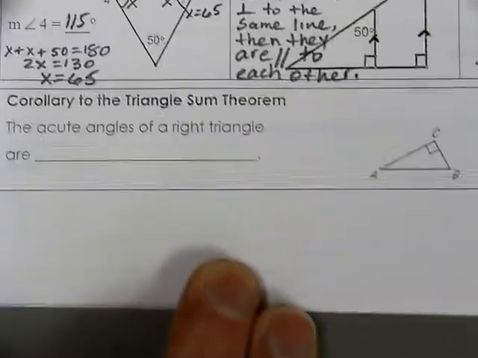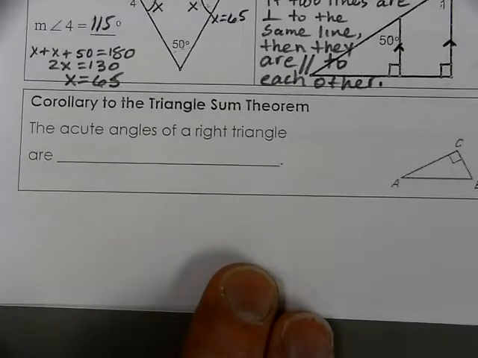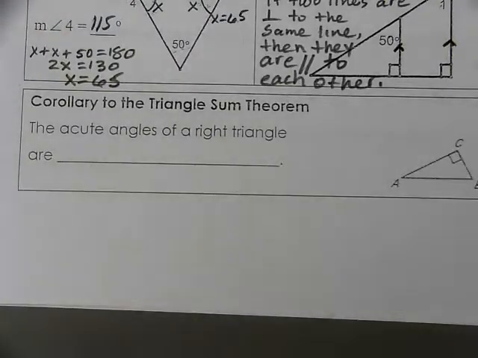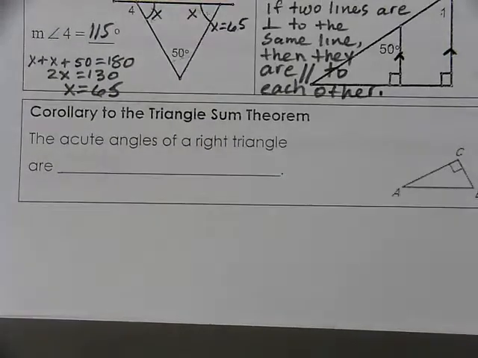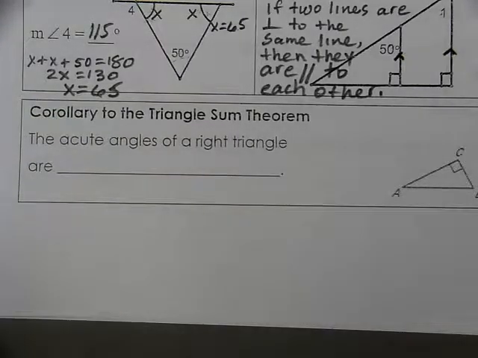Alright, we've talked about this in class before. It's called a corollary. That's an addition. That's something that's brought from the triangle sum theorem. The triangle sum theorem says that the 3 interior angles of a triangle add up to 180.